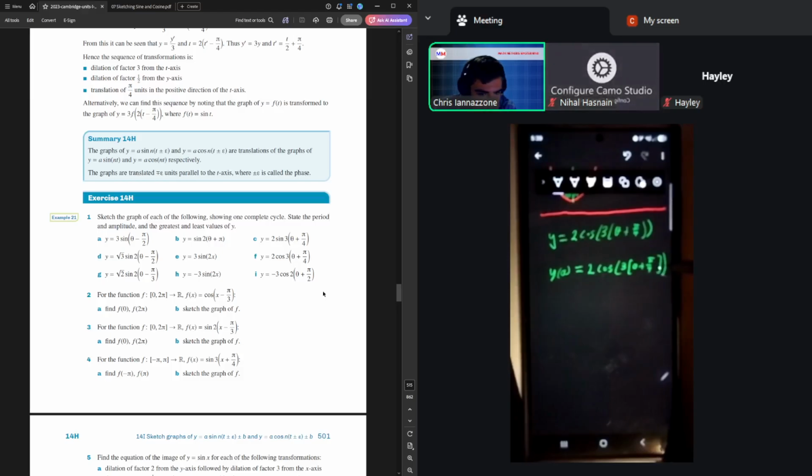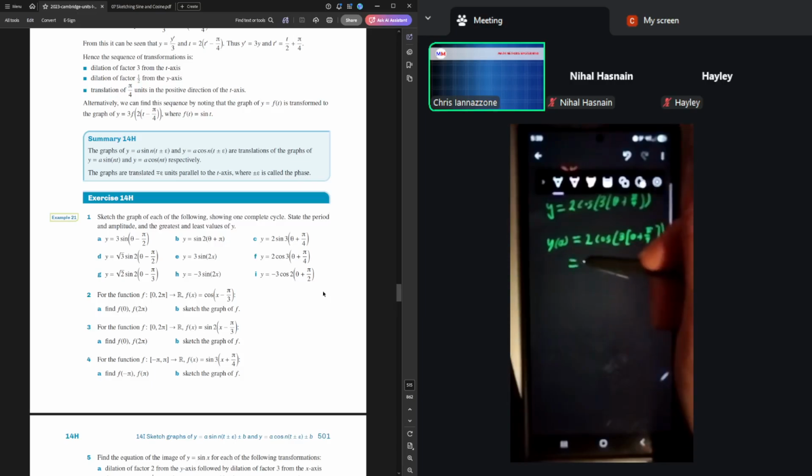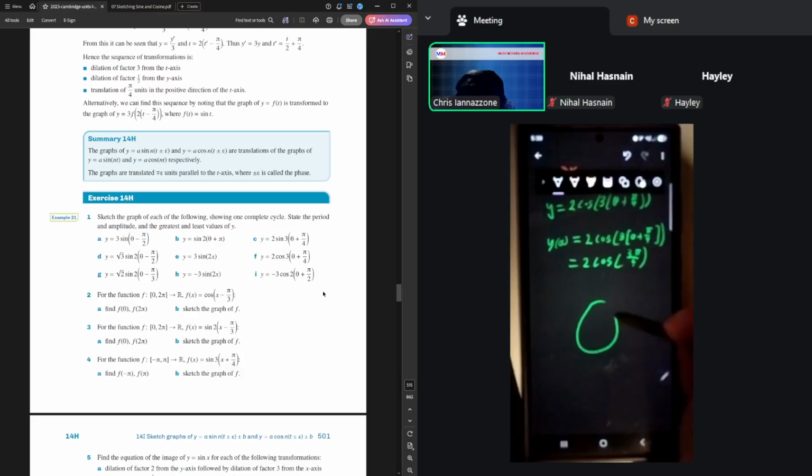Okay, there's no vertical translation, that's fine. This is now going to be 2 cos 3 pi on 4, and cos of 3 pi on 4, I'm not going to give that one away.